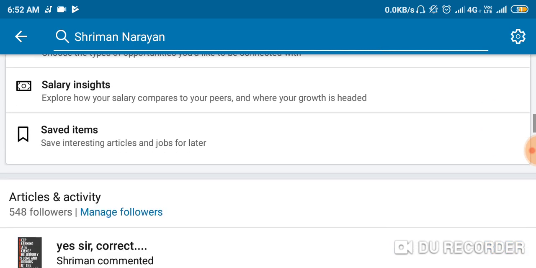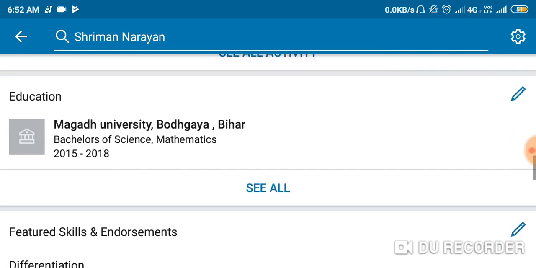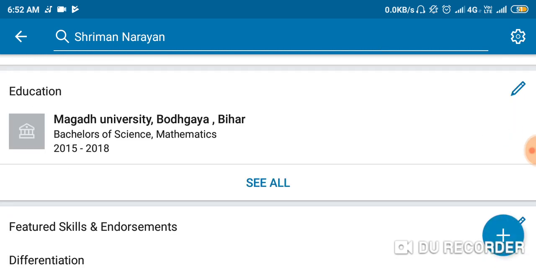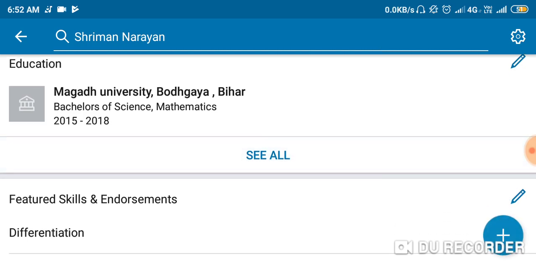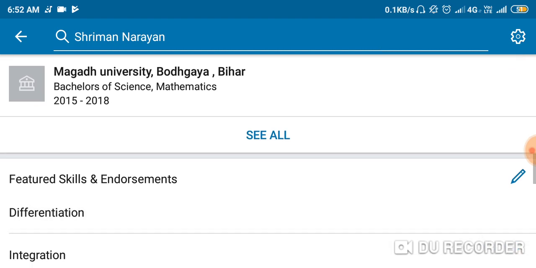Here you have to add your education section. This is the education section: what types of degrees and programs you have acquired, in which subject you did your bachelor's, and if you have done a master's, in which subject. A lot of things are added in this section.